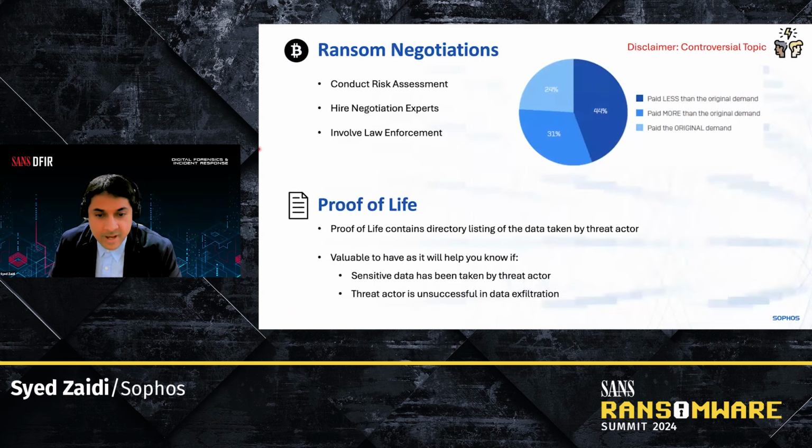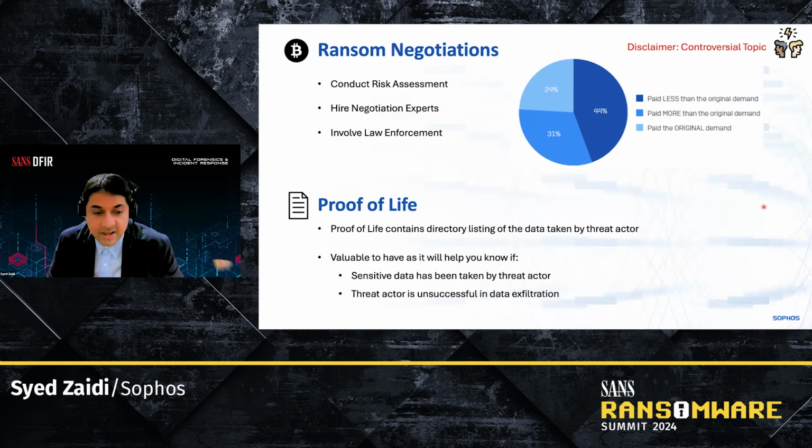Okay, a controversial topic here: ransomware negotiations. But I will start with the proof of life, what it is, because based on my experience, every organization that has been hit by a ransomware attack should go for that, even if they don't negotiate for ransom. Why?